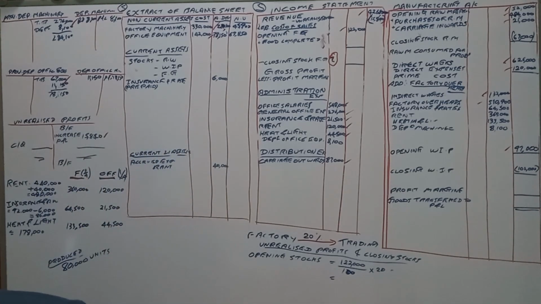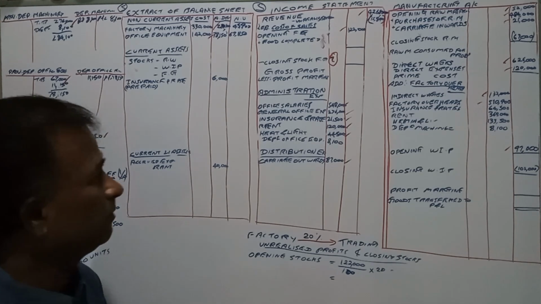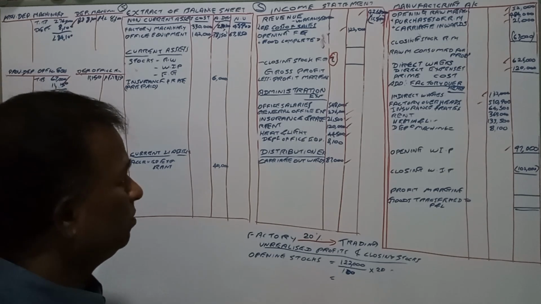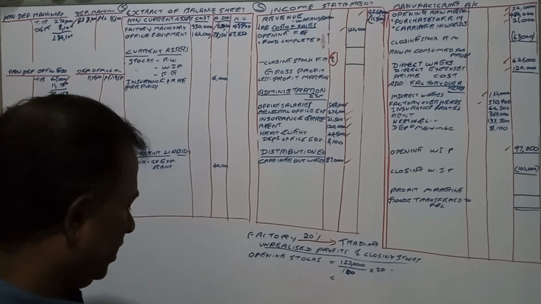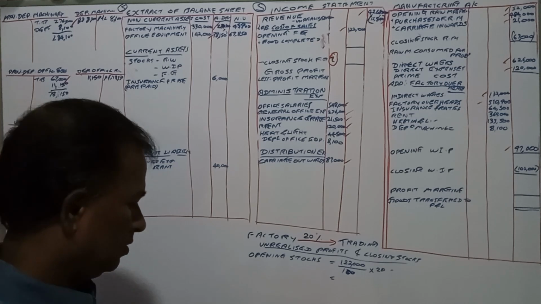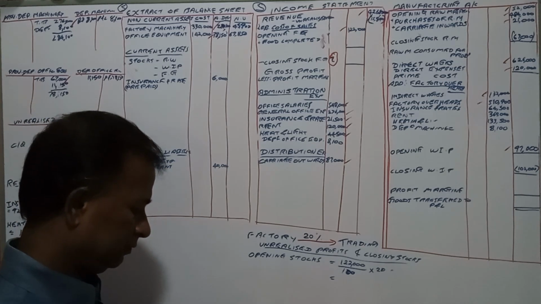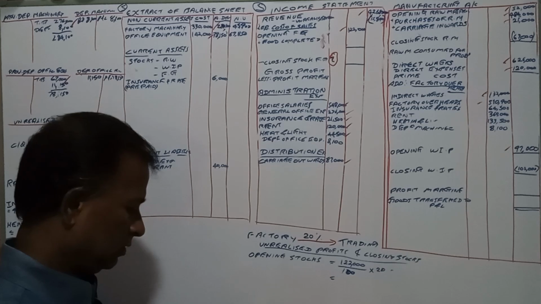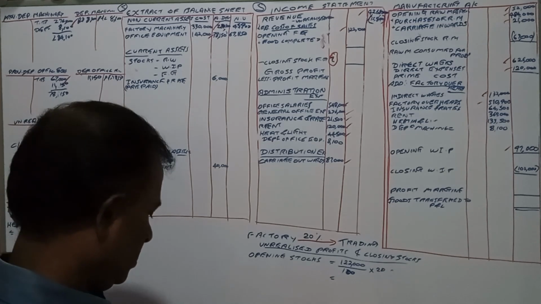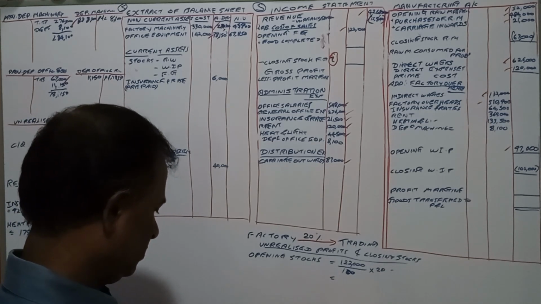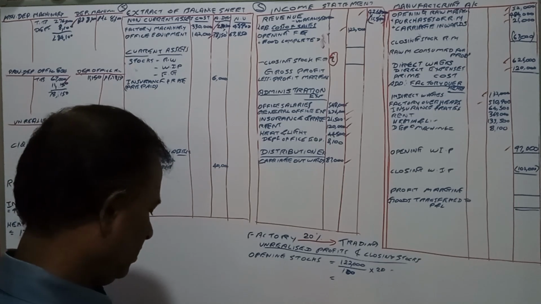In the inventory, opening inventory, they said finished goods at cost 122,000. Cost means 122,000 is the 100%, then into 20%.